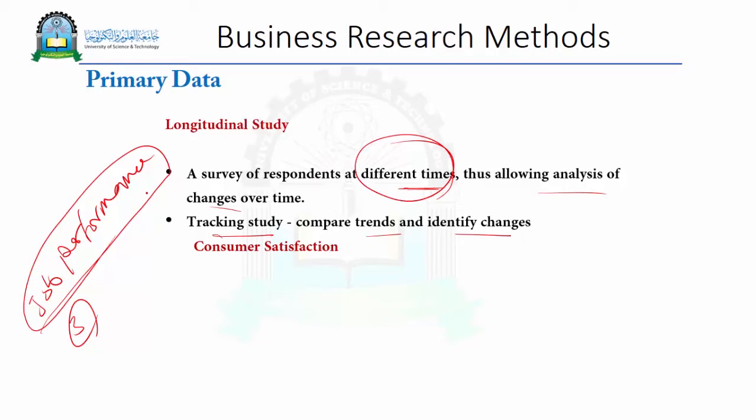So the customer satisfaction can also be followed, or I can track the changes in the customer satisfaction during several times. So either monthly or annual or yearly or in different years, and then I will just compare between what we have and what we got.